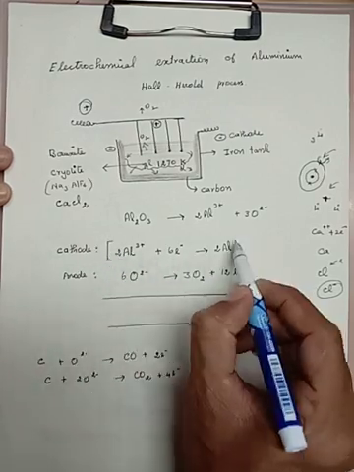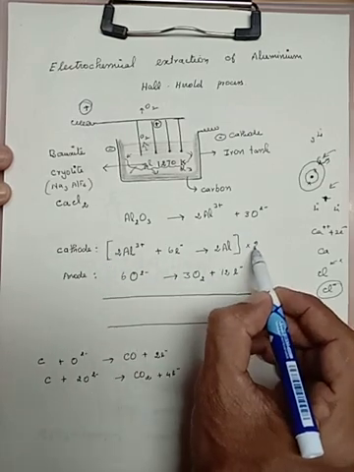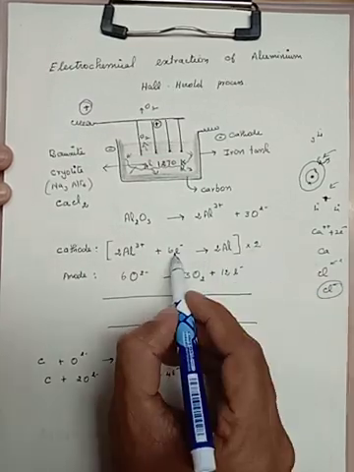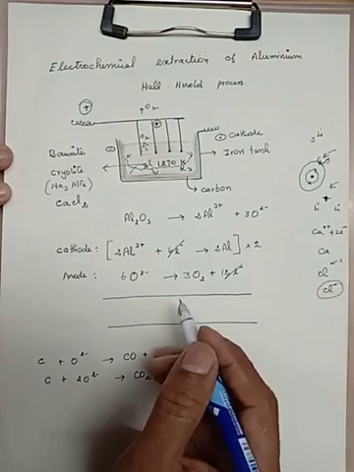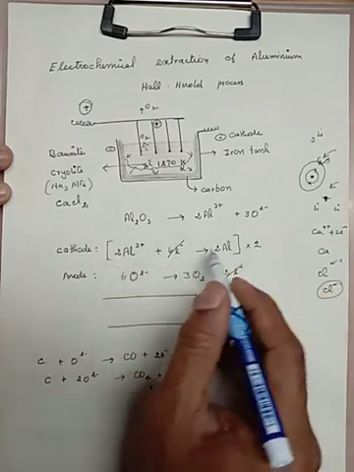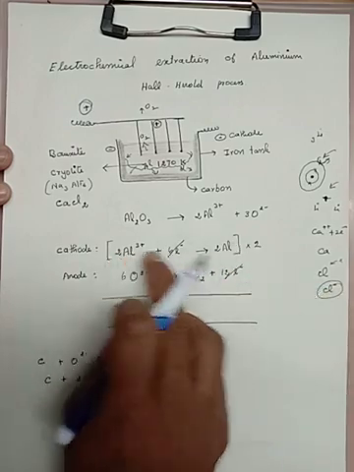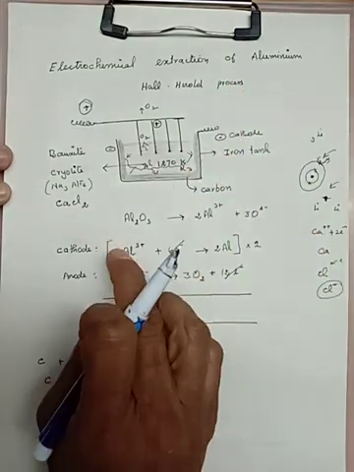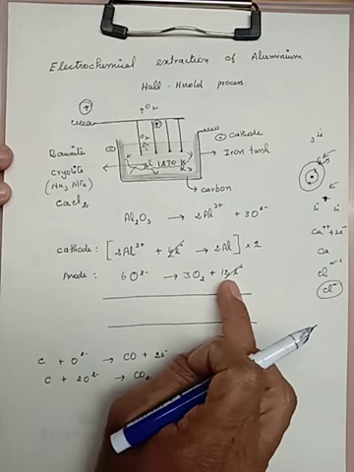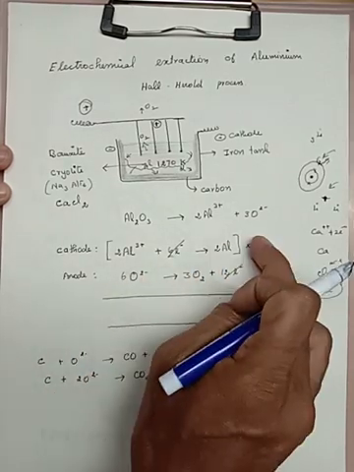Therefore, I am going to multiply this whole thing by 2 because 2 sixes are 12. 12 electrons, 12 electrons this side. The arrow mark is the dividing line. What is common on this side and this side, you strike it off.